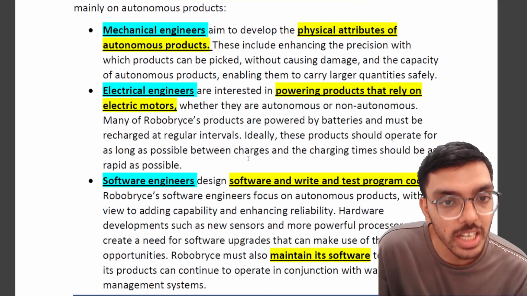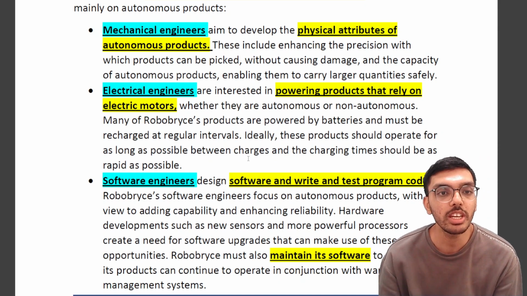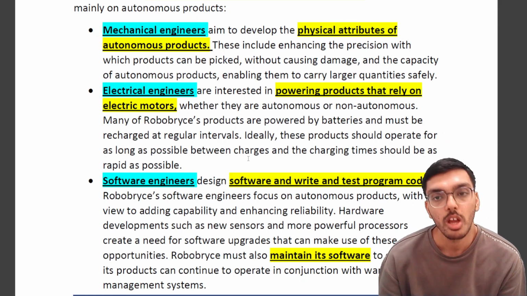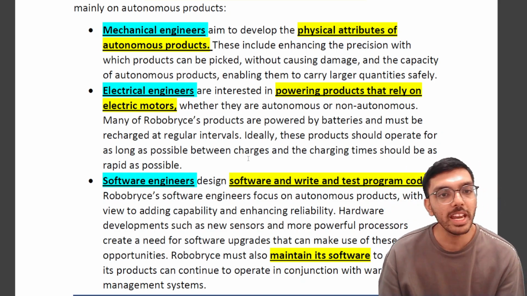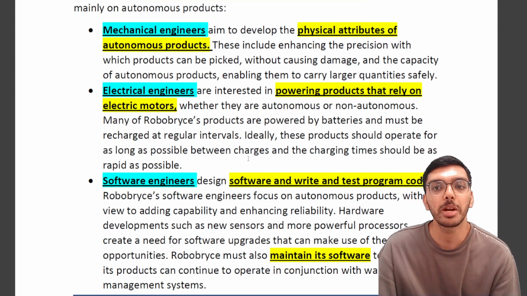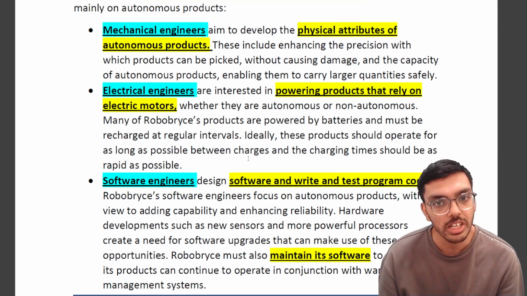Second, we have electrical engineers who are interested in powering products that rely on electric motors, whether they are autonomous or non-autonomous. Many of Robobryce's products are powered by batteries and must be recharged at regular intervals.